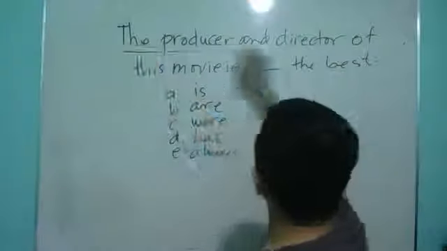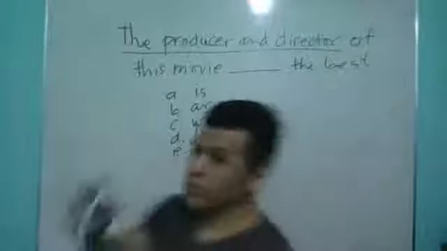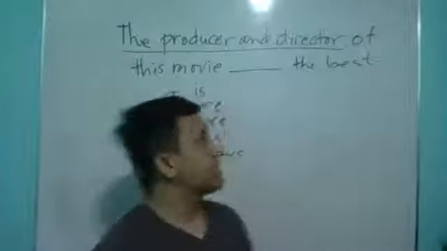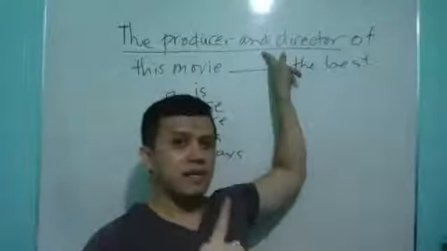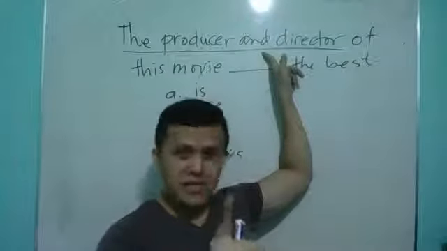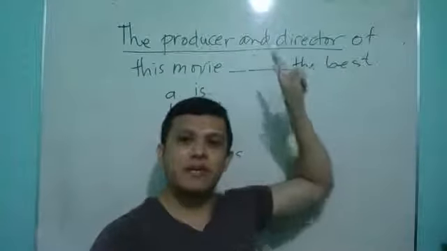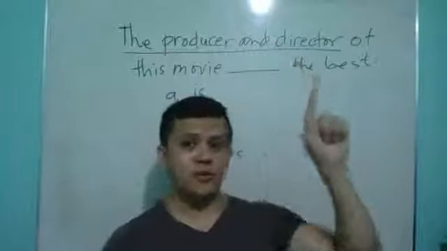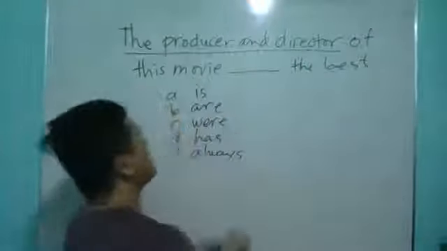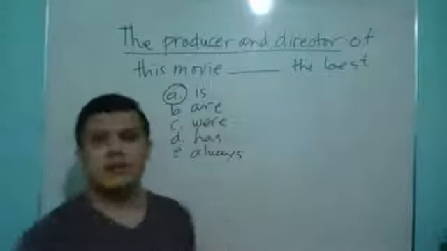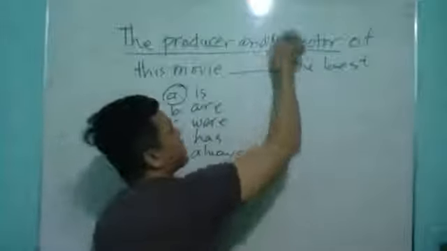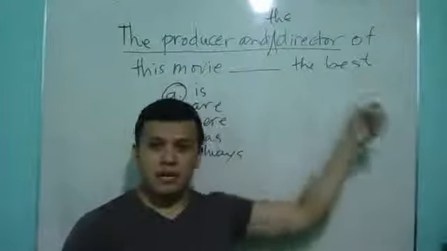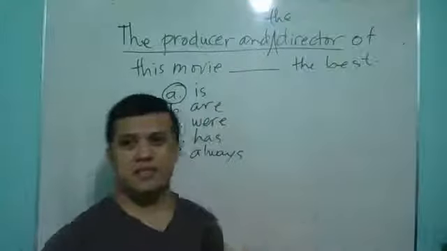Teachers, the subject here is the producer and director. Now, always remember that in compound subjects, after and, if there is no article, that means it refers to one person. So in this case, the producer and director refers to one person only. But if there is an article, let's say I put the here: the producer and the director are the best.